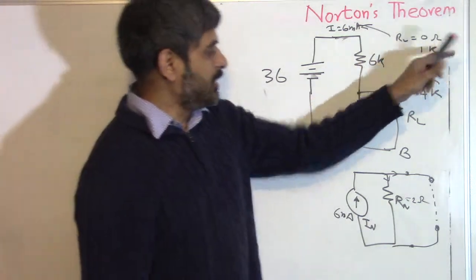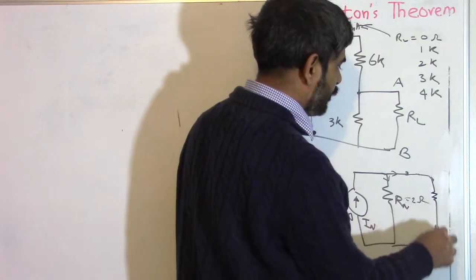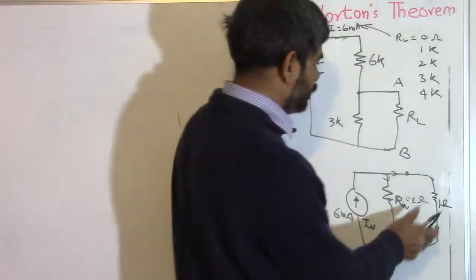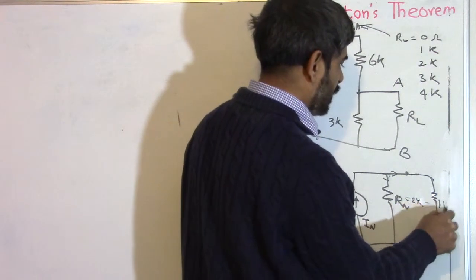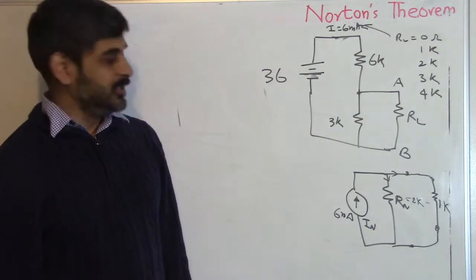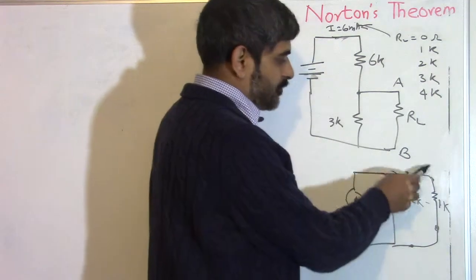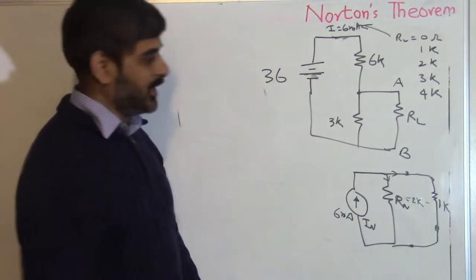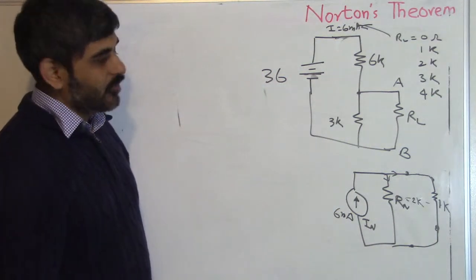The second part, let us change RL to 1K. Rn was 2K, I'm sorry, and this is 1K. If this is 1K, the current will be redistributed such that more of it will flow through 1K and less of it will flow into 2K, in the ratio reverse to the resistor values.